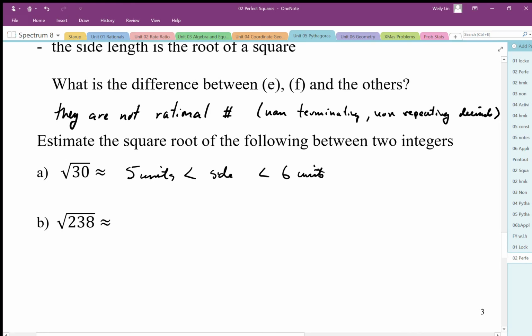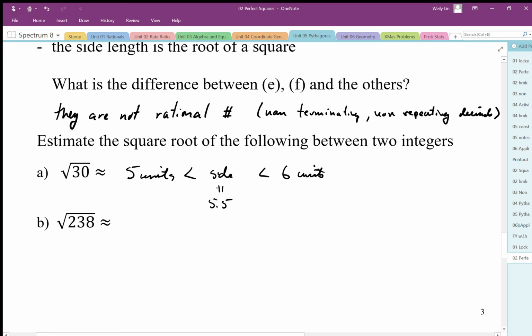Now, if I were to estimate an actual value, I'd say the side is approximately, I'm going to go somewhere in the middle, 5.5, and that's good enough. That's all I really expect you to be able to do. Any decimal in between. Now, we can't really say that it's exactly 5.5, but we know it's somewhere in between 5 and 6. If you guess a number somewhere in there, that's good enough.